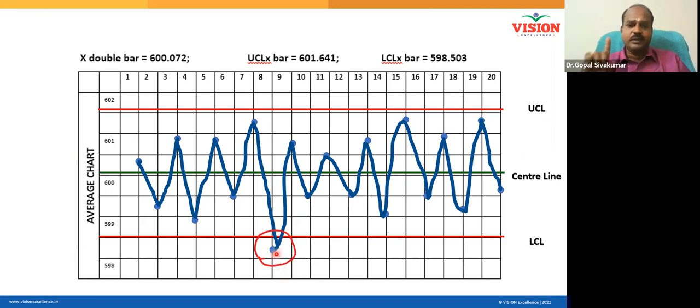But one point represents one lot. If you send that one lot of product to the customer, then you will realize the significance of this one point. Agree? All of you agree with me? Yes. So, root cause analysis must be done. Otherwise, every single day you have to do 100% inspection.